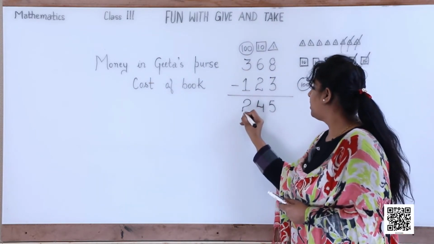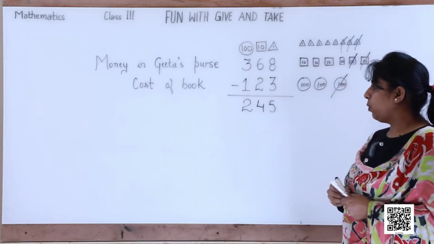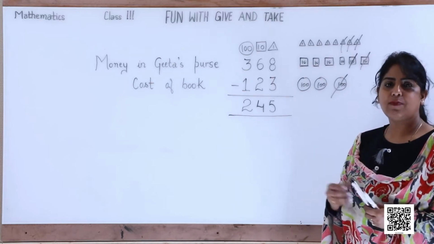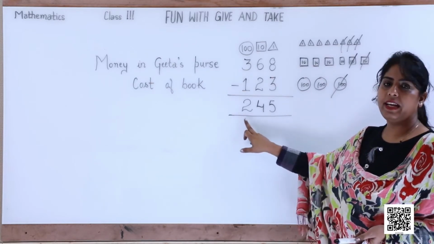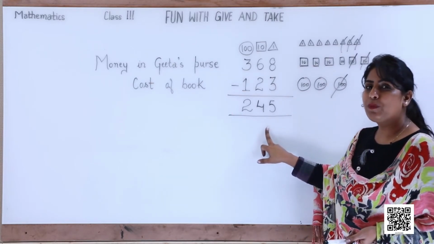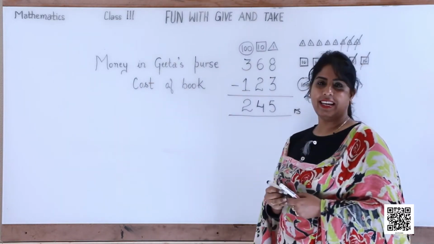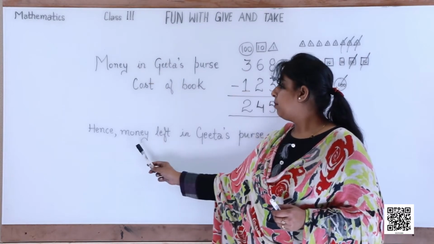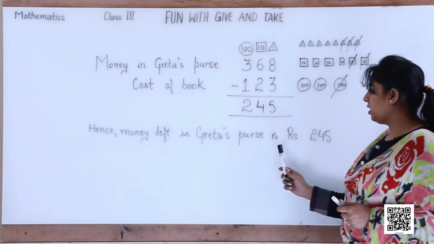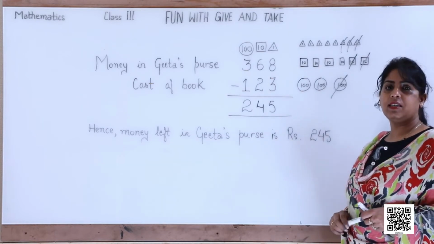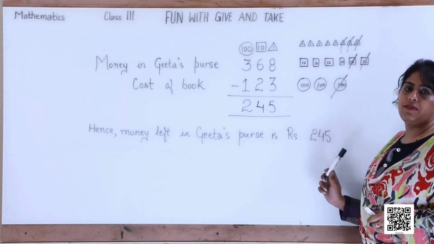So let's write 2 here. So this is the amount which is left in Geeta's purse: 245 rupees. Never forget to write rupees in the end. Hence, money left in Geeta's purse is rupees 245. How much money is it? 245 rupees.